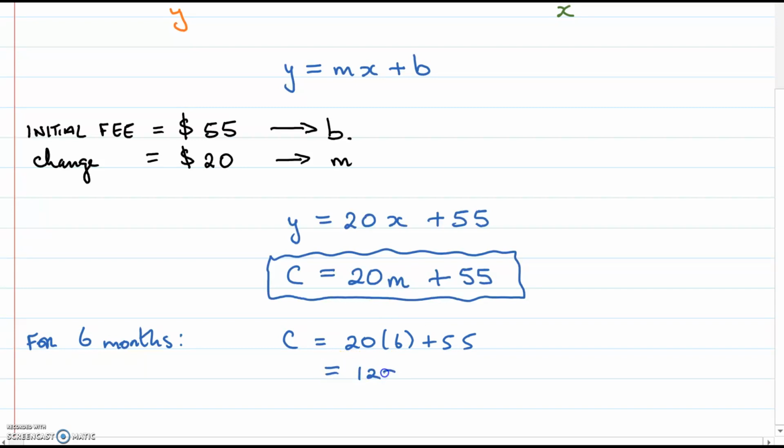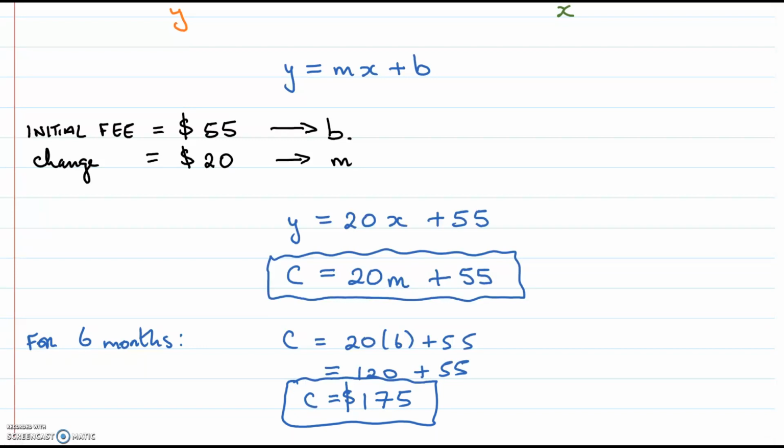That's 120 plus 55 is $175. Okay, that would give you gym membership and 6 months of Pilates classes for $175.